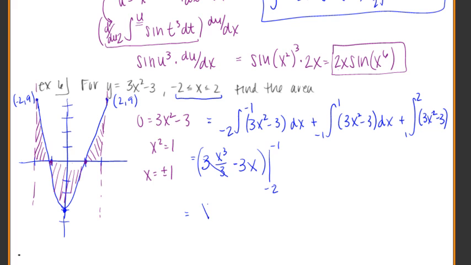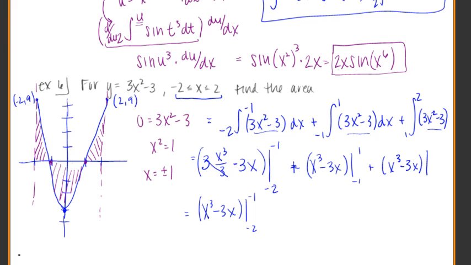So it's x cubed minus 3x evaluated from the lower bound to the upper bound. Since the integrand is the same throughout, we repeat the process: x cubed minus 3x evaluated from negative 1 to 1, and again x cubed minus 3x evaluated from 1 to 2.